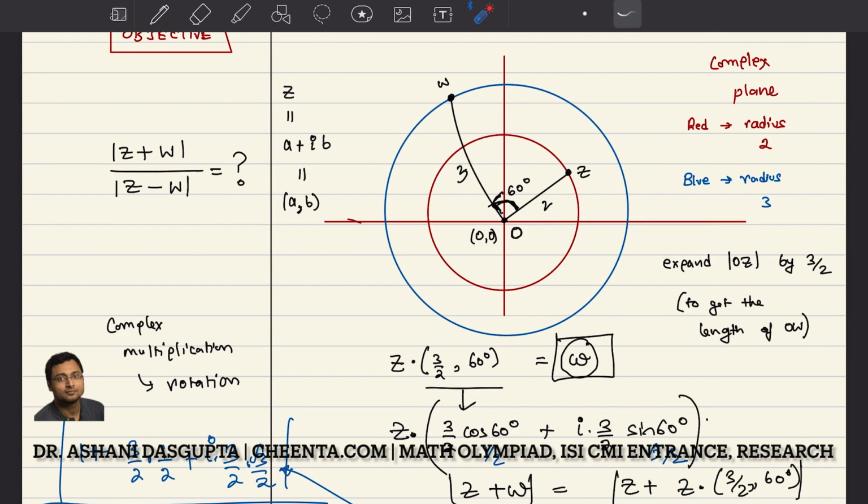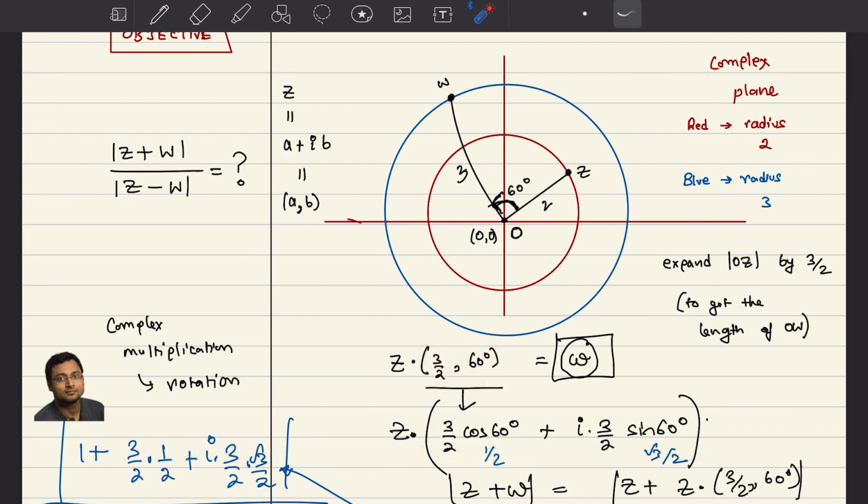Notice how I multiplied z by (3 by 2, 60 degree), because I knew that I would want to expand OZ 3 by 2 times to get the length of OW and then rotate OZ by 60 degrees. The content of complex multiplication is exactly this. It rotates and it dilates. It's a very important concept. I hope you would look into other videos to understand it if you don't know it already.